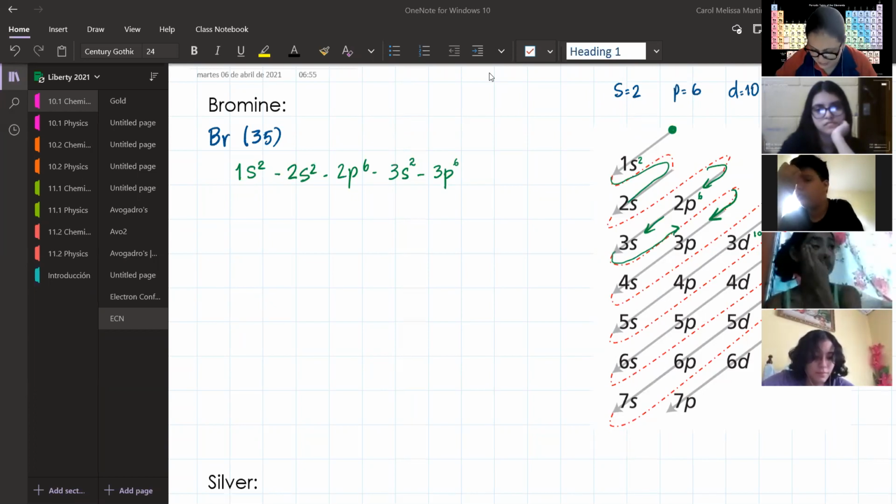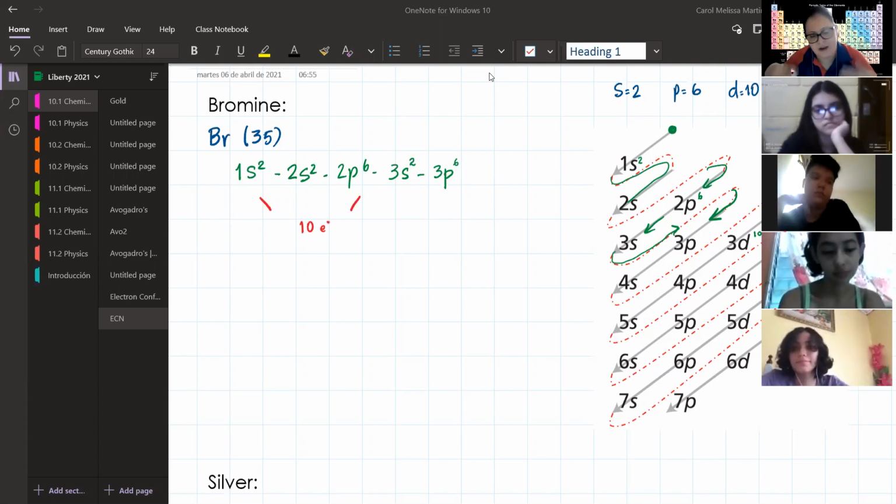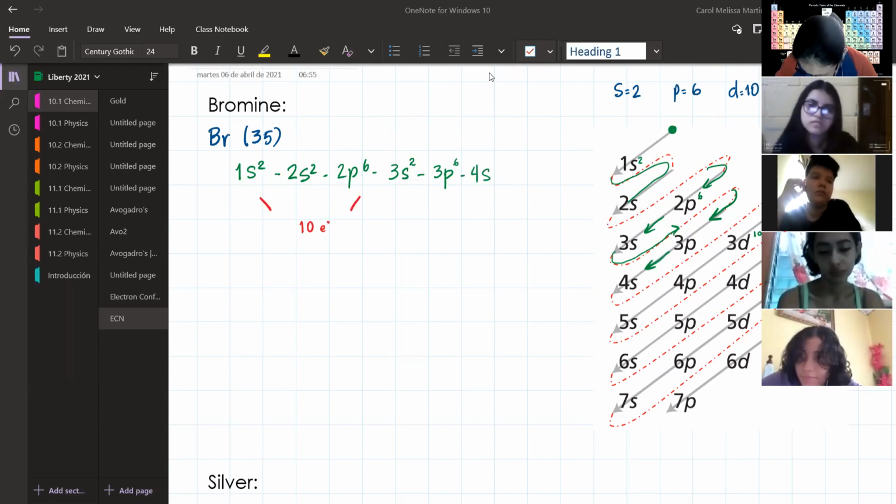So what I do is I know that here I have 10 electrons, and I need 35, so I need to continue. After 3p, I continue to 4s2. Now I reach 12 electrons, which means I need to continue.